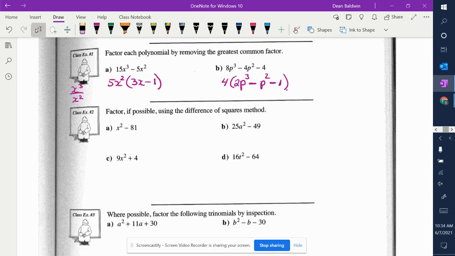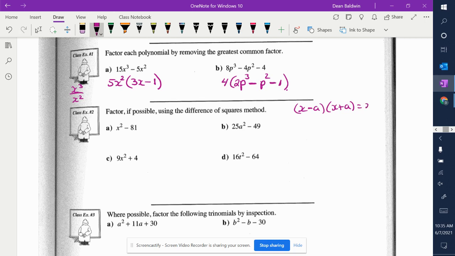If you have two terms, think of difference of squares. We've already sort of seen this with the conjugates, all right? Difference of squares means if I have x minus a, x plus a, those are conjugates, right?